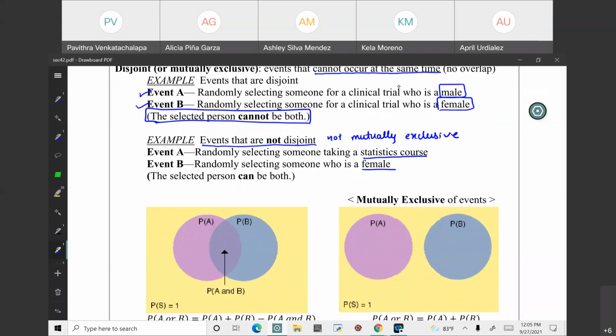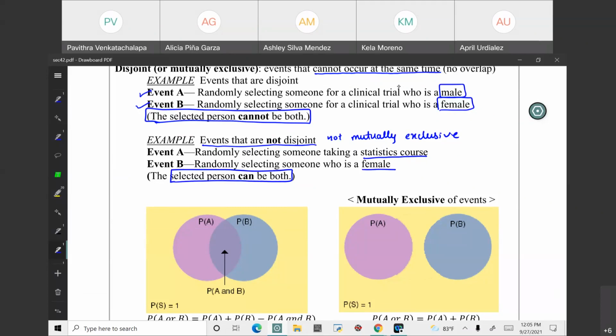So it means that the selected person can be a female and that female can be in the statistics course. So events that can occur at the same time are called as events that are not disjoint or not mutually exclusive.